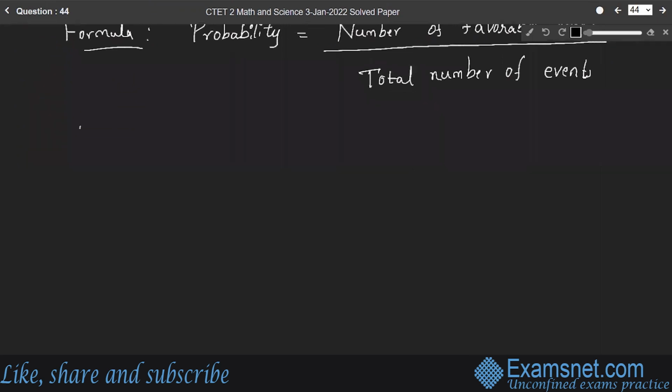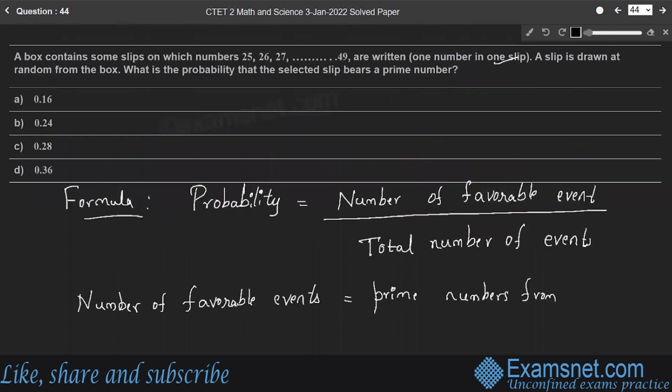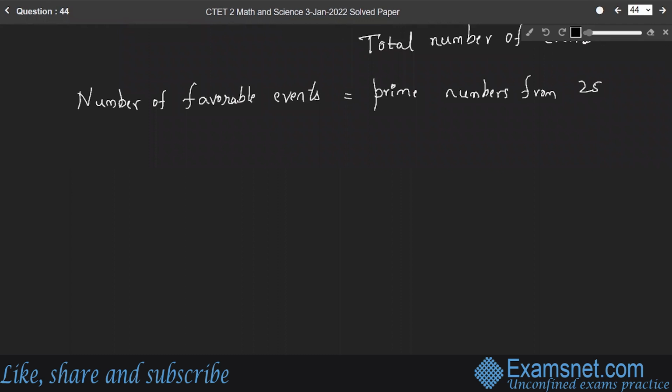So, number of favorable events is equal to prime numbers from 25 to 49, which is equal to, what are those numbers?